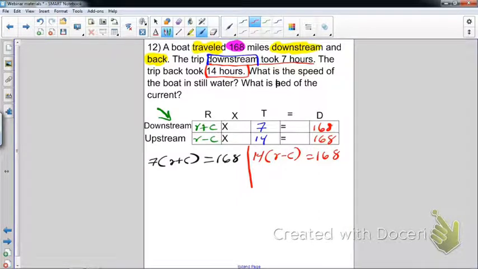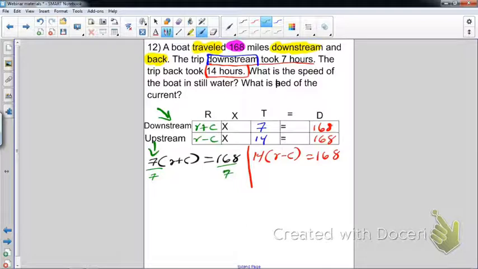Now remember the little trick that I told you when we did these, is that it's best to, instead of actually doing the distributive property, which some of you feel comfortable with, get rid of this number in the front just by simply dividing both sides by 7.